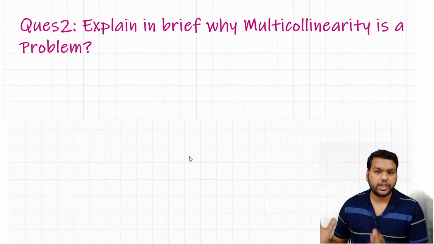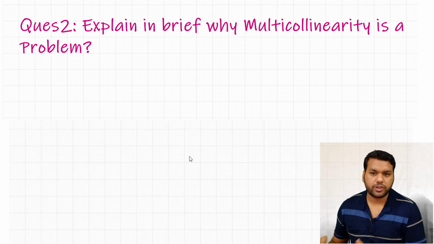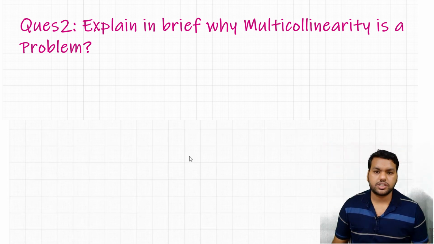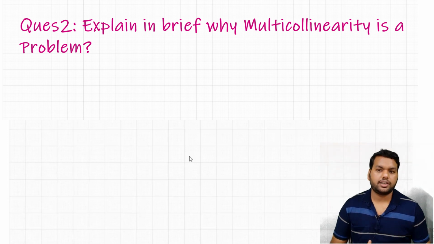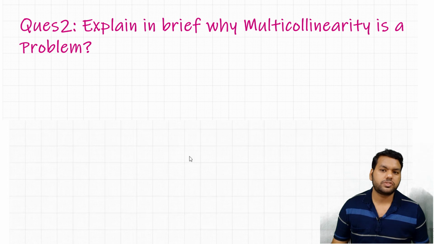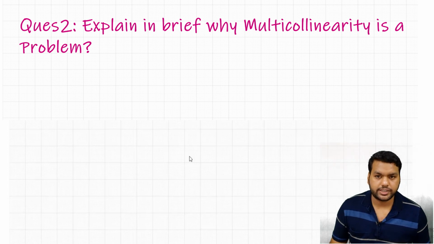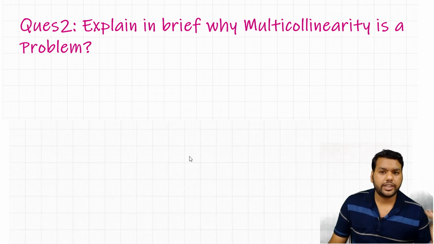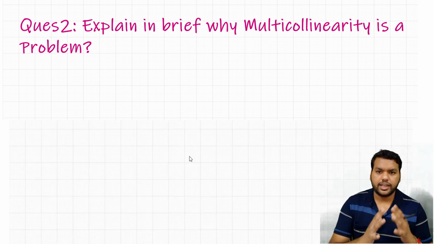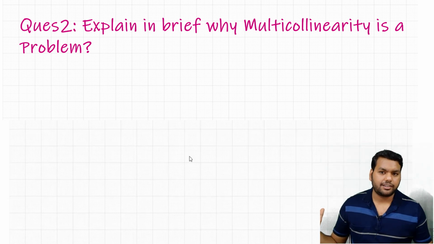But multicollinearity is actually a problem when we need to measure the relationship between the response and the predictor in the data set. Why? Suppose there are two variables which are highly correlated in your data set. Then they can increase the standard error.